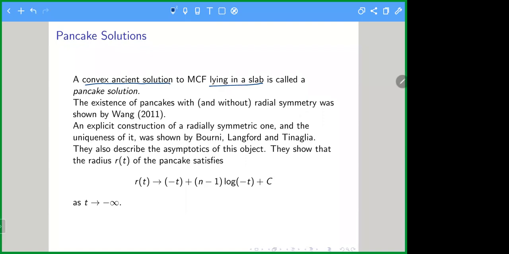Xu-Jia Wang was able to show in 2011 that these kinds of objects exist, ones with radial symmetry and without radial symmetry. He approached it through PDEs, and he was able to show that these very general pancake objects exist. But the more explicit construction was done by Bourni, Langford, and Tinaglia.